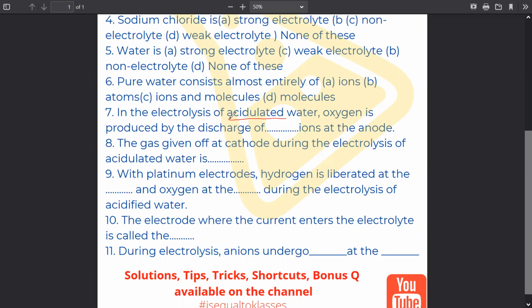As I've said before, acidulated water is water which you have acidified a bit by pouring small quantities of H2SO4, preferably H2SO4. You could pour any other acid, such as HNO3. But mostly you won't see people pouring HNO3 in water because HNO3 is a volatile acid. You would see H2SO4 being most preferably poured into water to make it acidulated.